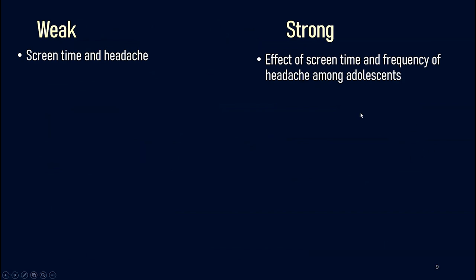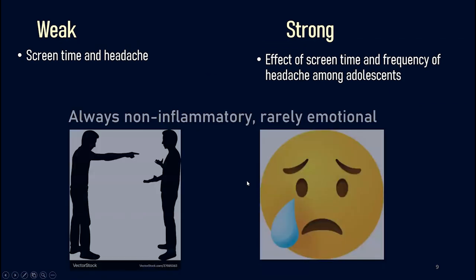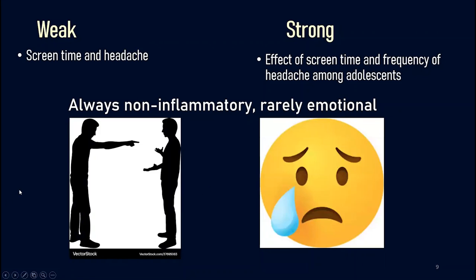It immediately generates interest among readers. Two things you have to take into consideration: the title should always be non-inflammatory, it should not point fingers at others, and it should rarely be emotional, because writing a proposal is part of academic writing, not creative writing, and emotion has no place there.